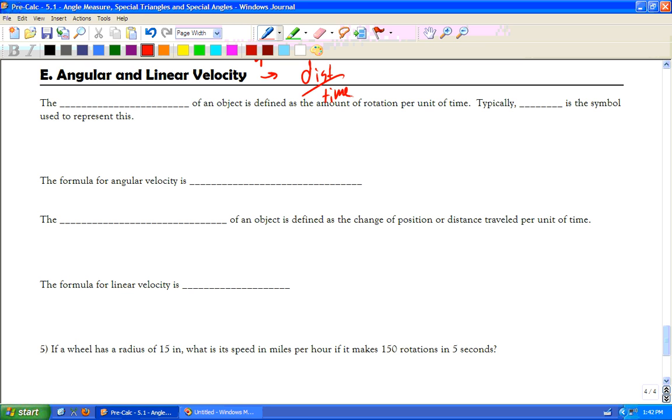So when we're looking at the angular velocity of an object, it's going to be defined by the number of rotations per unit of time. Typically what we use is the symbol omega to represent this.